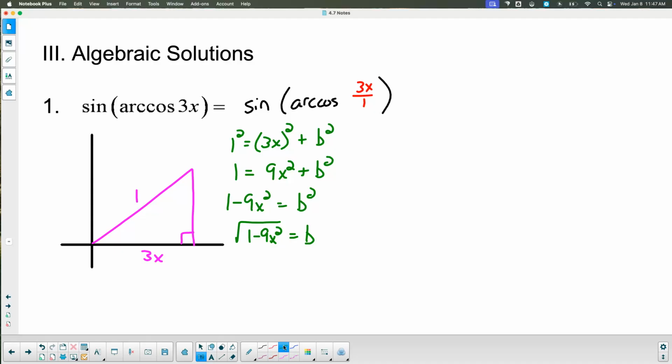Is it 1 minus 3x, or is it this? It's this, right? Yep. Okay. So then now really, here is my theta. So I am finding now the sine of theta.